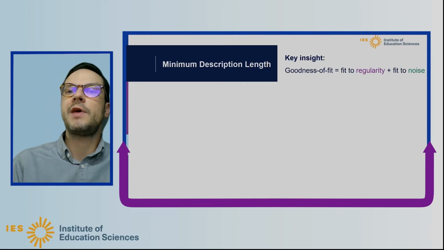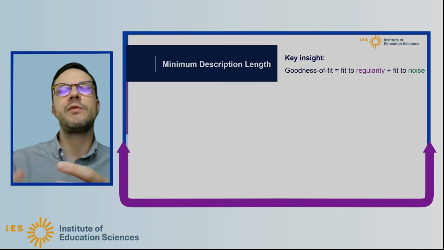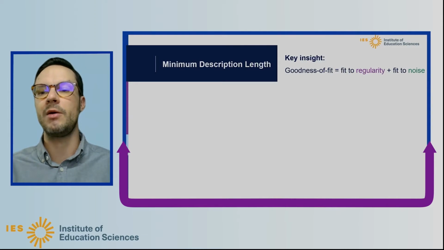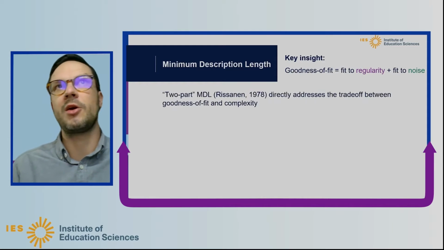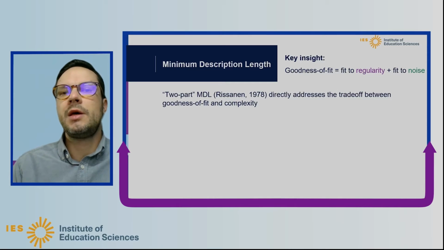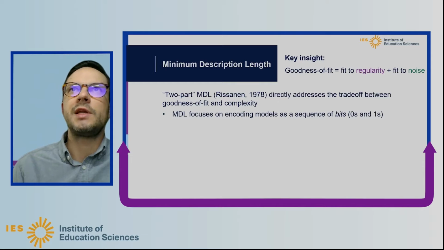And so goodness of fit, we shouldn't take on its surface. We need to consider that part of the reason a model fits well is because hopefully it's captured the regularity we care about, but part of the reason that it fits well is because it's captured some noise that we don't care about. And so the two-part minimum description length principle directly addresses this trade-off between goodness of fit and complexity.